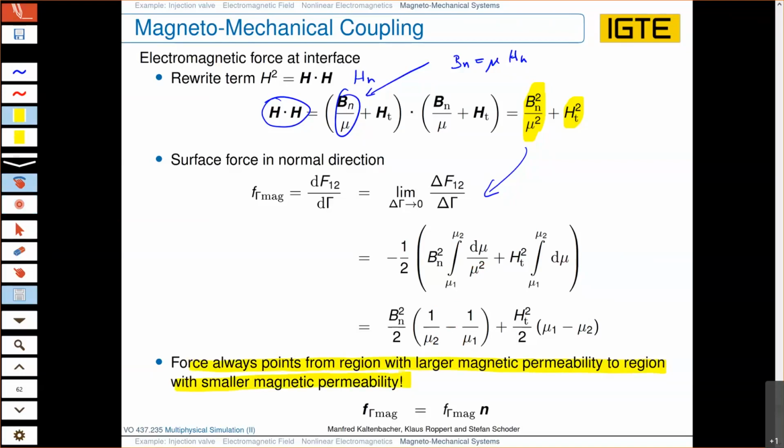And we can rewrite this force density, which is now a force density on the surface, so it's Newton per square meter, by this value we just have seen how we compute it, and it's always pointing in normal direction. So it is, mechanically speaking, a kind of pressure force.